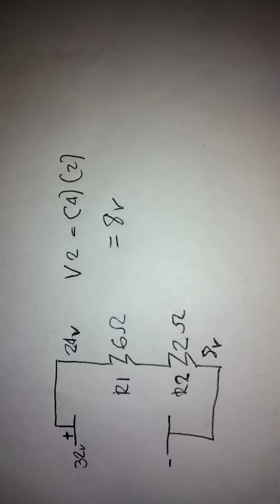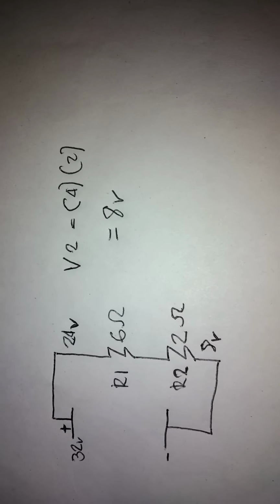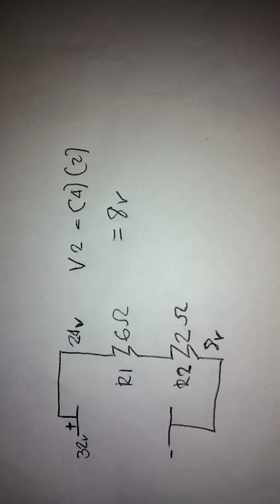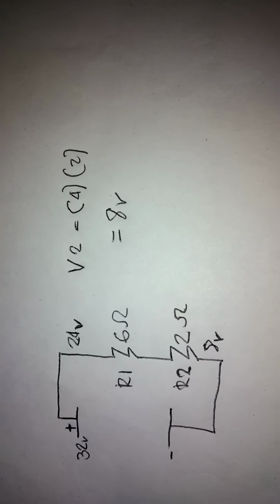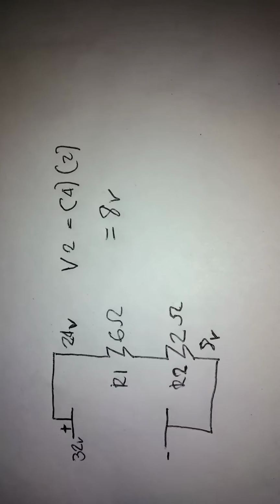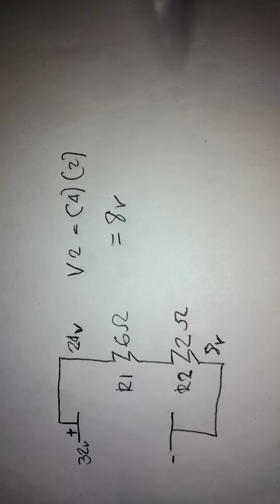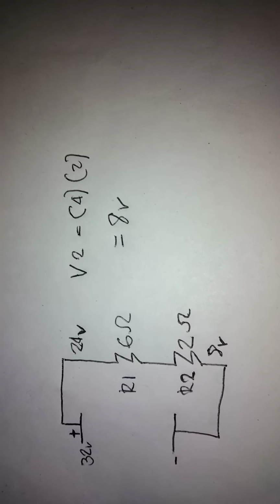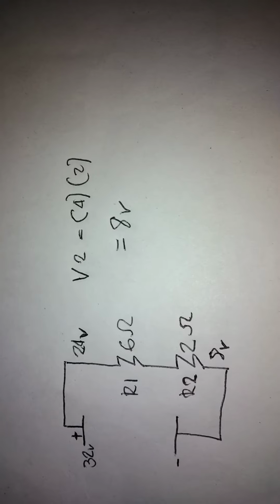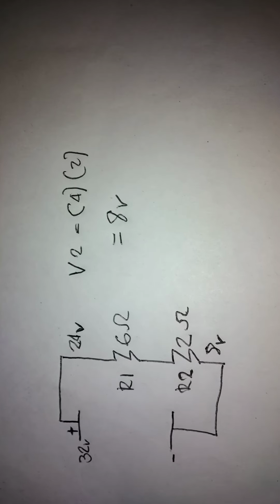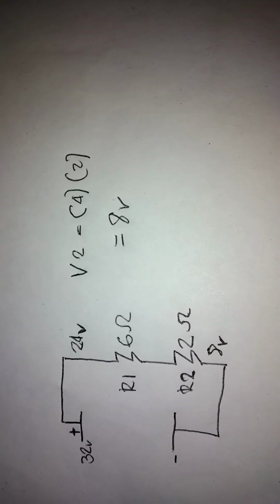So in R1, we have a total of 24 volts. For V2, we have 4 amps and 2 ohms. 4 times 2 is 8. So across R2, we have a total of 8 volts.